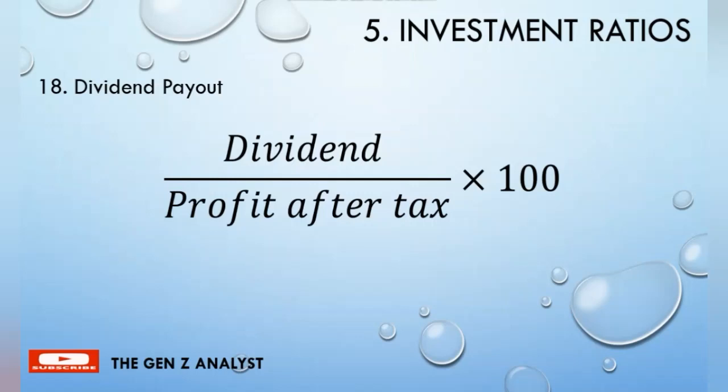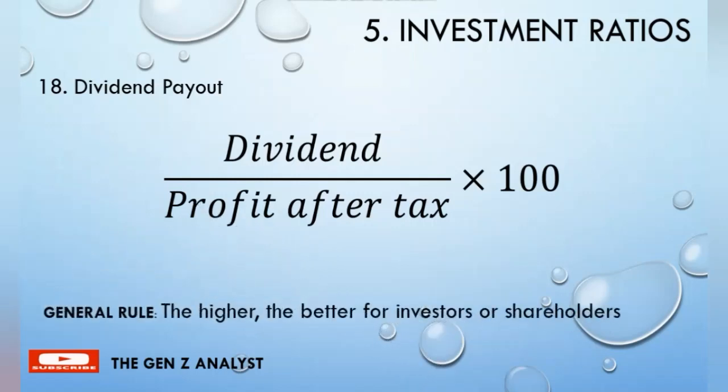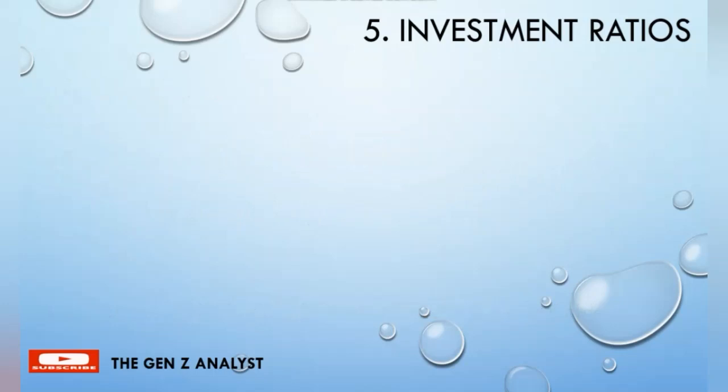How much of our profit after tax is going to be paid out to our shareholders at the end of the period. So that's the dividend payout. And the higher this particular ratio, the better. The higher the percentage, because it's in percentage, the better for the firm.